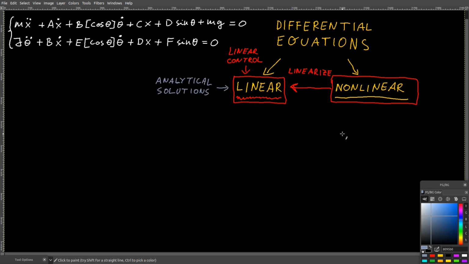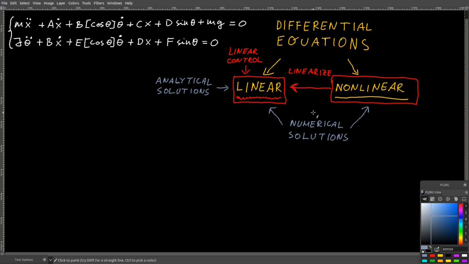In fact, most nonlinear differential equations cannot even be solved analytically. You have to solve them numerically, and we will cover that part too. But linear differential equations can be solved both analytically and numerically. There are only a very few nonlinear differential equations that can be solved analytically.